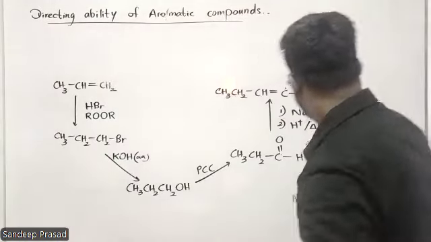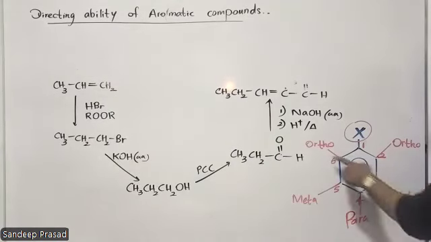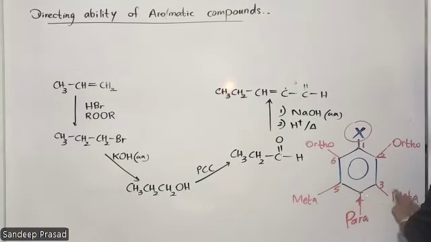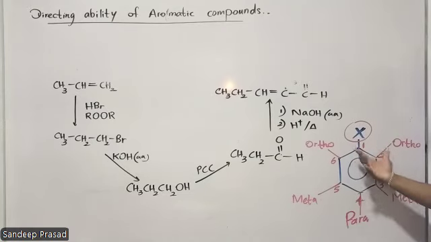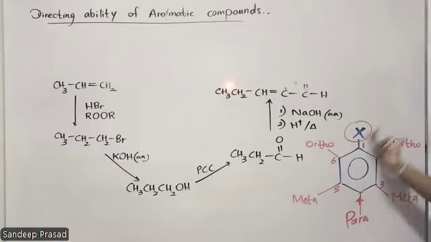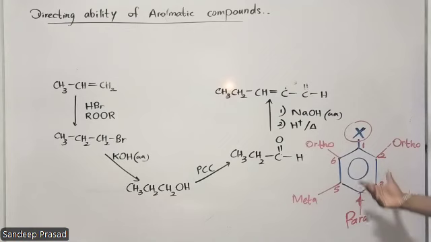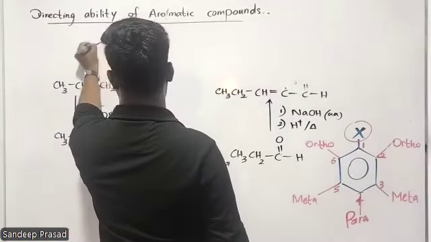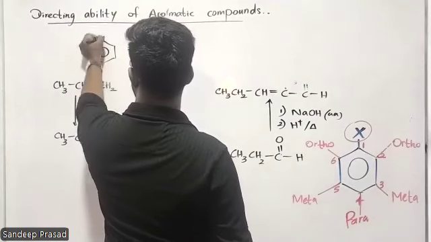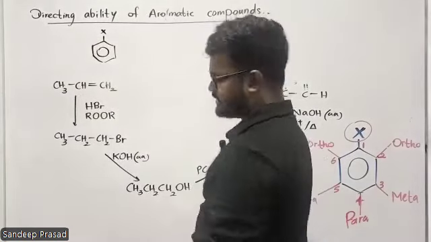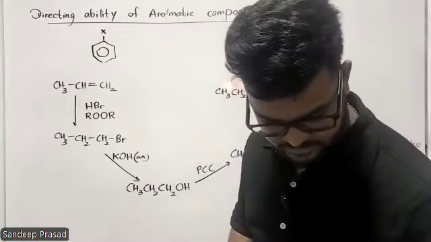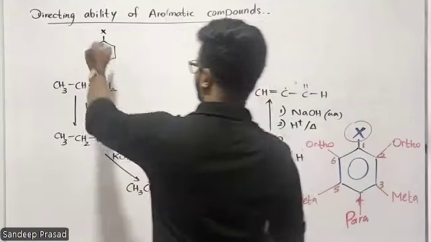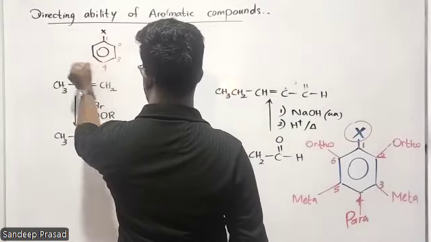Now, remember students, we have 3 types of questions: ortho, meta, and para. We categorize these compounds as ortho-para directing groups and meta directing groups. So draw the benzene ring quickly again in this way, with X. And as we discussed, we can give the numbers for the benzene ring as 1, 2, 3, 4, 5, 6.